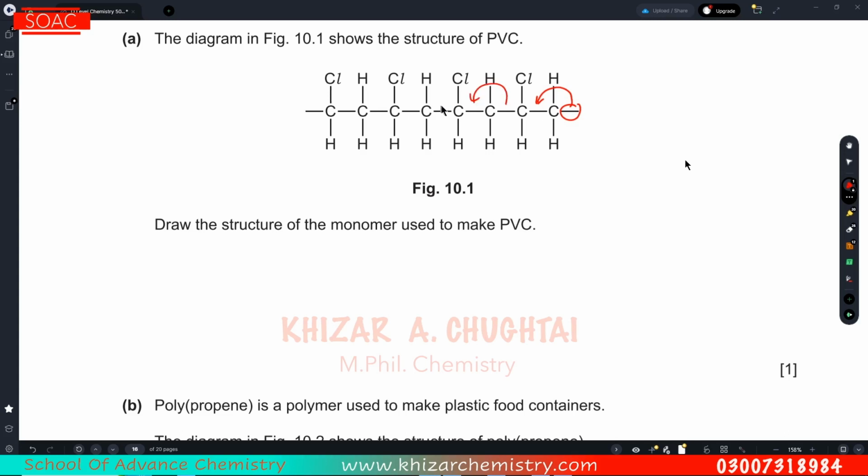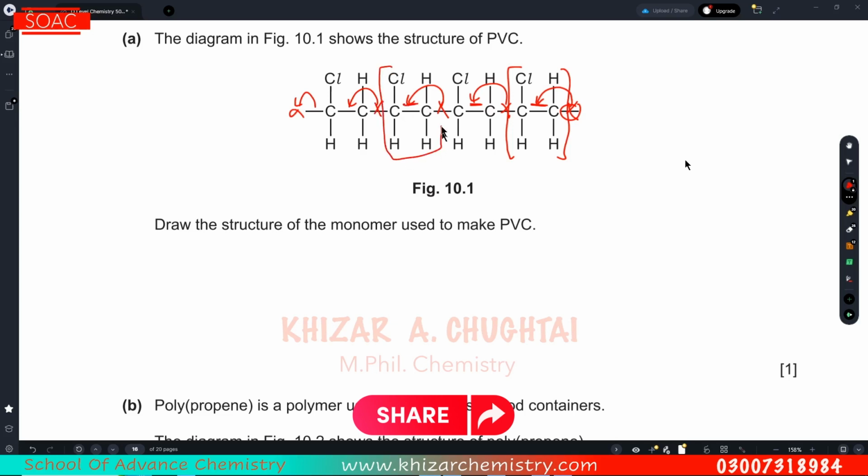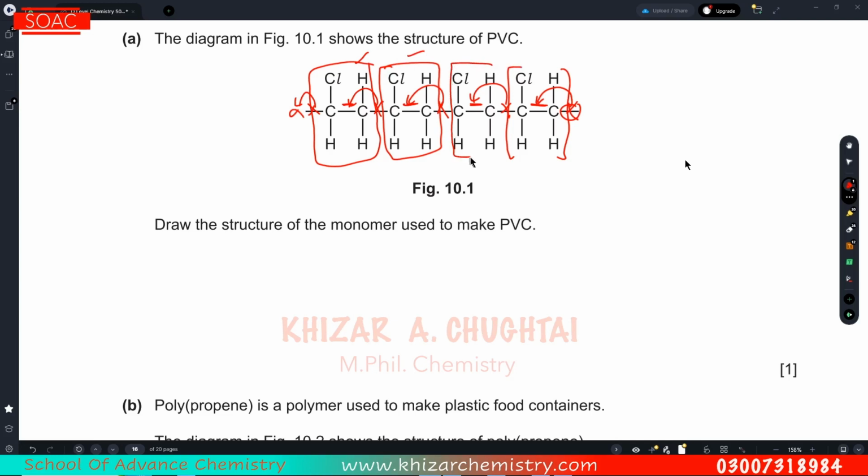The double bond shifts over here, so you can see one molecule with a double bond, then the second molecule, then the third, and all monomers are the same. So carbon with Cl over here, H over here, H over here and H over here, and a double bond.